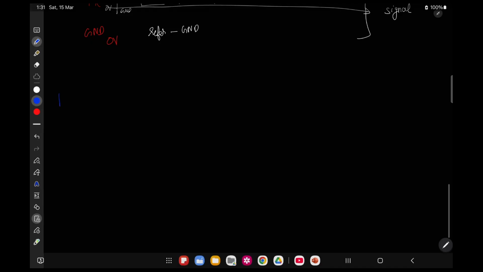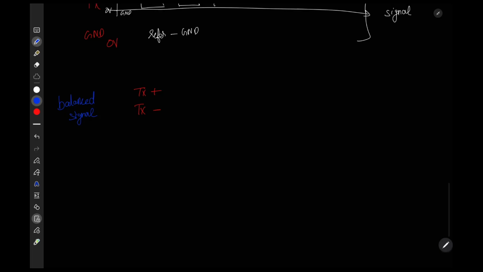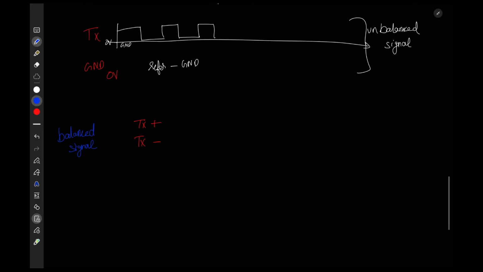Now this is a balanced signal. A balanced signal will be Tx plus and Tx minus. So there is no ground reference here. There is no ground reference in a balanced signal, but in an unbalanced signal there is a ground reference. That is basically the difference. When you look at the waveform, it will be like this. For Tx plus I am using a red color, and for Tx minus a blue color, so you'll have a little more clarity.